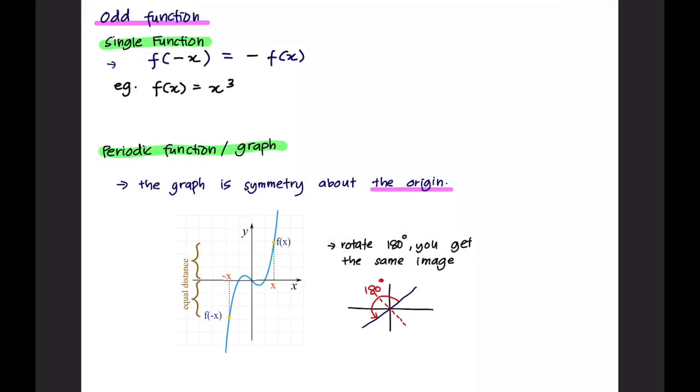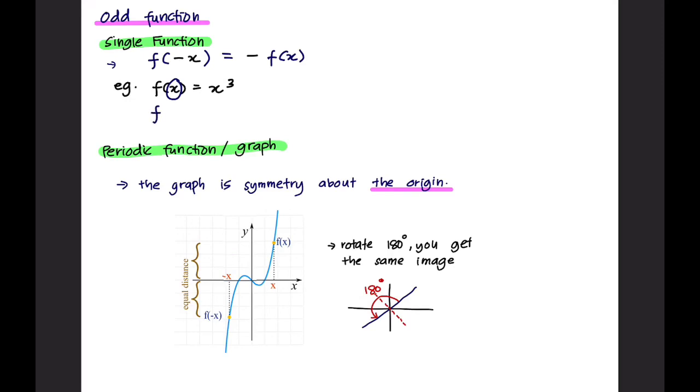For an odd function, when you substitute f(-x), you will get -f(x). Okay, look at this example. We have f(x) equal to x to the power of 3. Then substitute negative x, where x here you substitute with negative x.